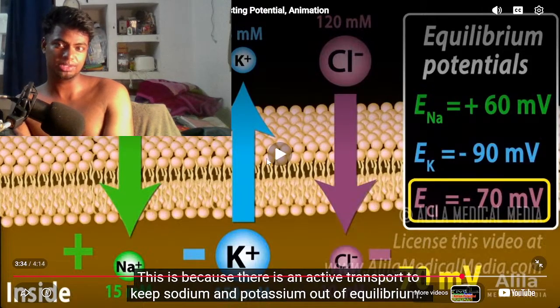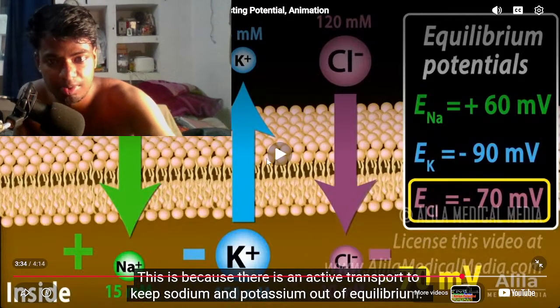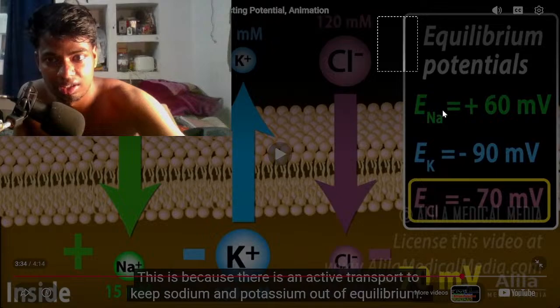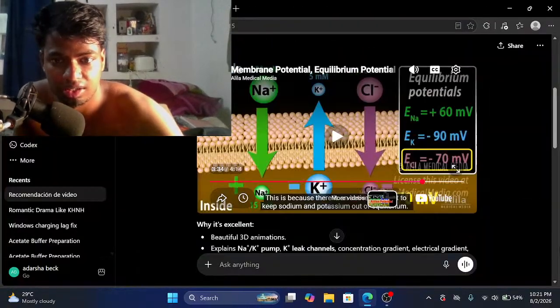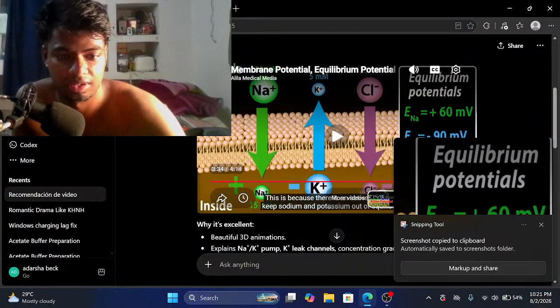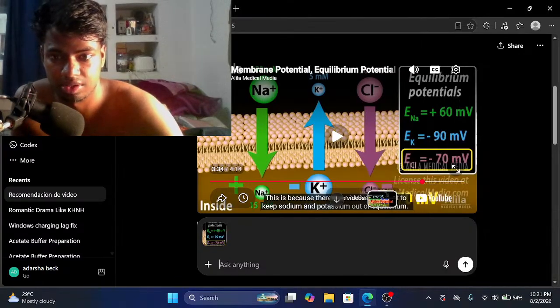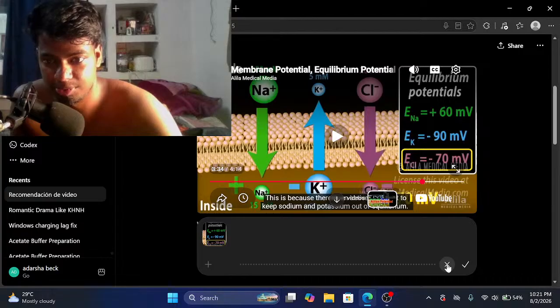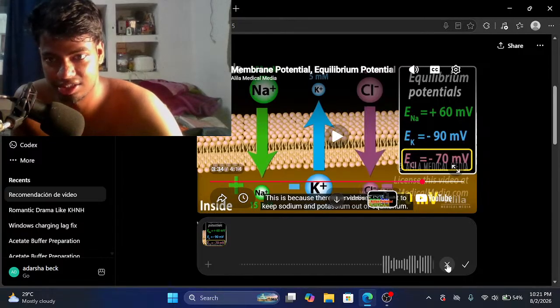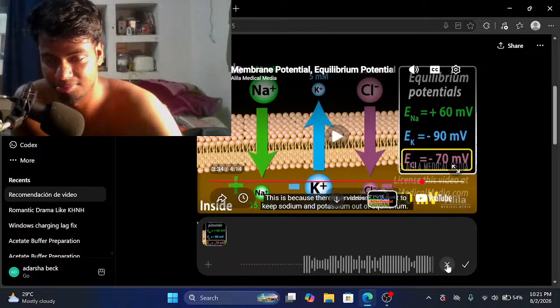Potassium is positive charge, right? How can this be possible? Sodium is positive, I get it, 60 millivolt. Chloride is negative, minus 20 millivolt. Okay, got it. How can potassium be negative?